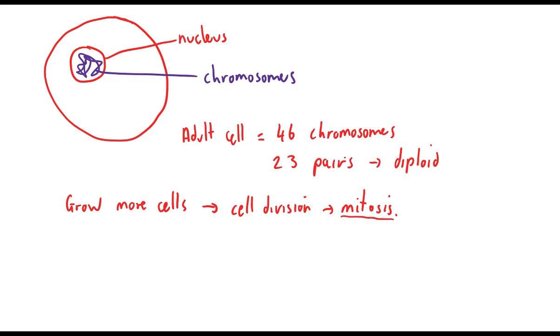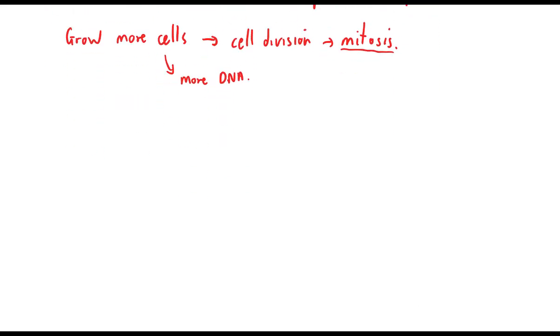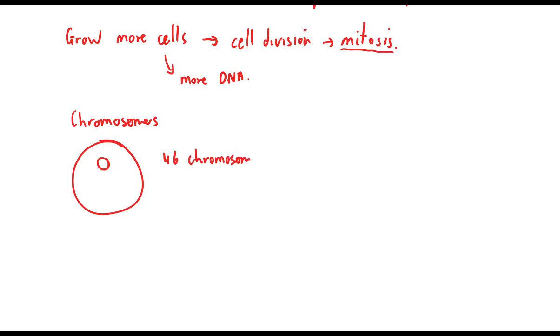Now, because we're growing more cells, you also need more DNA. Because you want all the cells that you grow to be exact copies of the ones that you produce. So let's look in a bit more detail at the chromosomes. So in each cell, we're saying that there is 46 chromosomes in the nucleus, or 23 pairs.